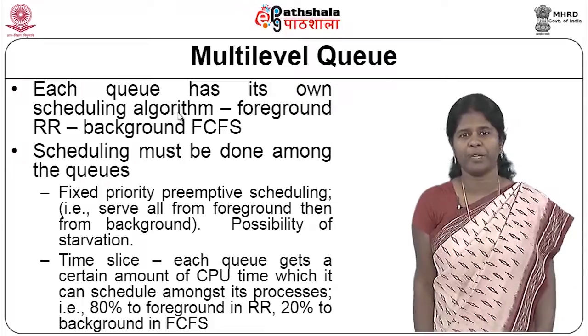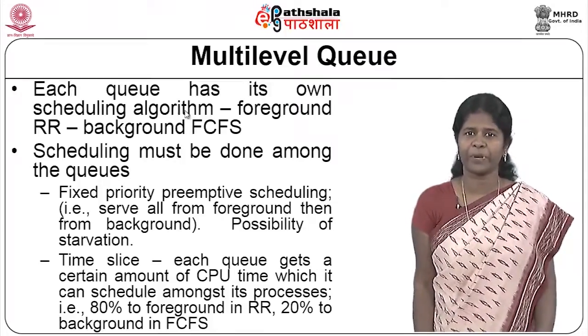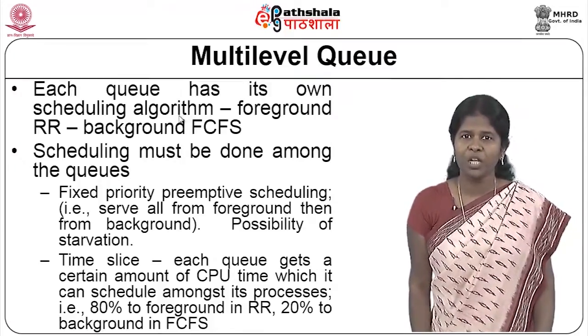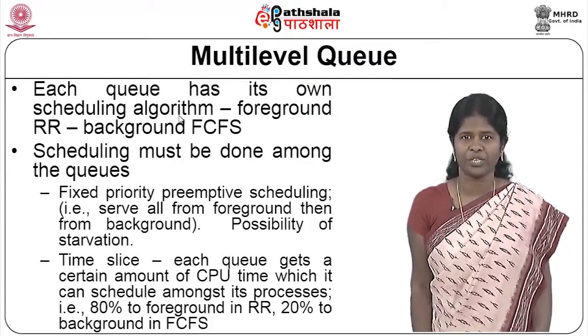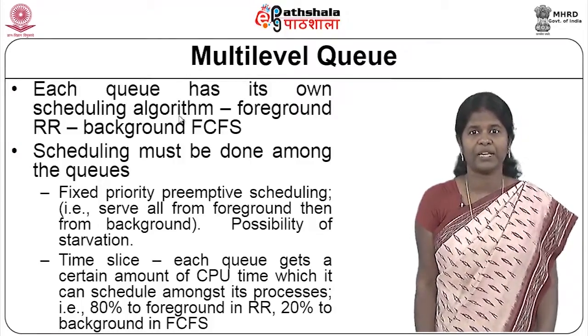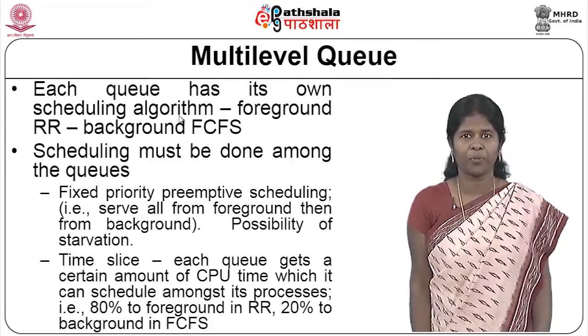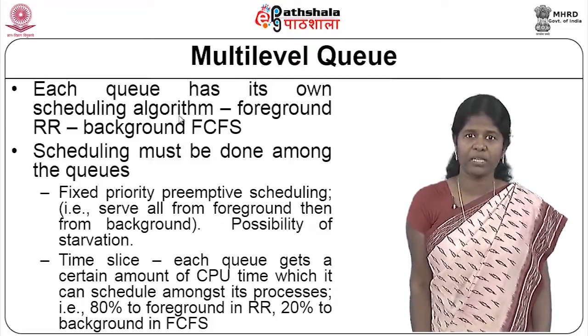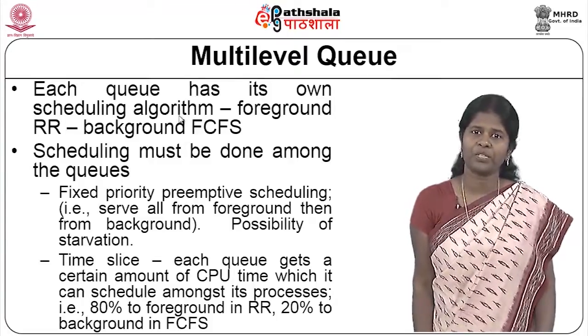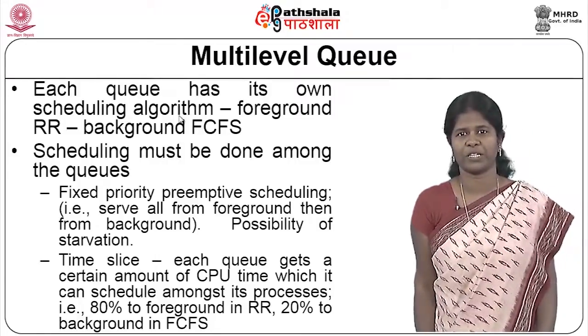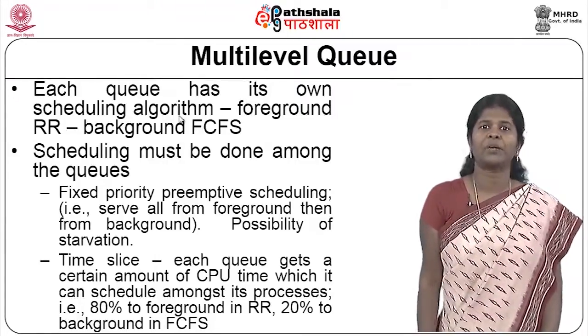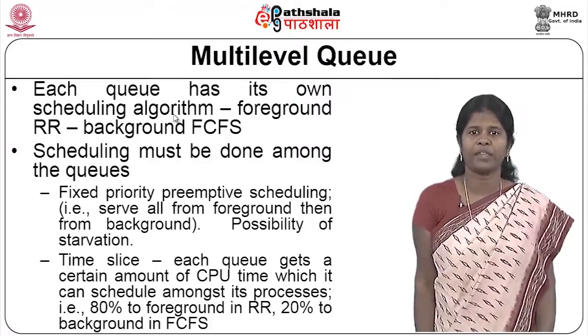But the problem here is that, as in any priority scheduling algorithm, it's also possible to have starvation. The low priority background process may not get the CPU at all compared to the high priority foreground process, and the background process will starve. They may not get the CPU.